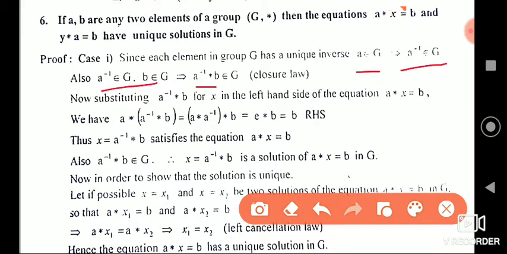What it says is, an element A belongs to G implies its inverse also belongs to G. And once again, the inverse of the element, that is an element of G, and one more element B belongs to G. If you have a binary operation with these two elements, that element also belongs to G by the closure law of group theory. That is, if you take any two elements, the binary operation between them also belongs to the group.